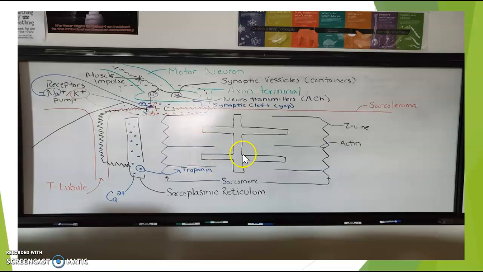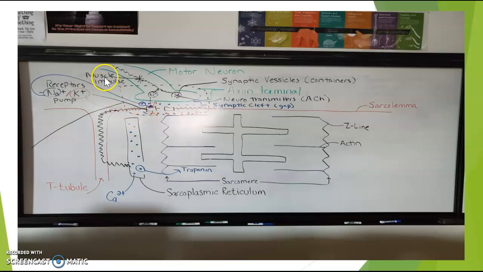Also inside the cell are these sarcomeres, once again beginning at a Z line, ending at a Z line, and containing our two proteins, actin, and it is not labeled, but the thicker one here, myosin. So let's take a look at how this sarcomere contracts following that sliding filament theory.